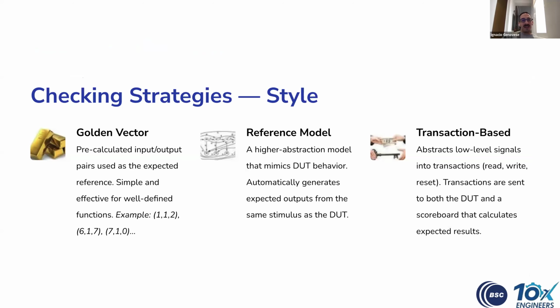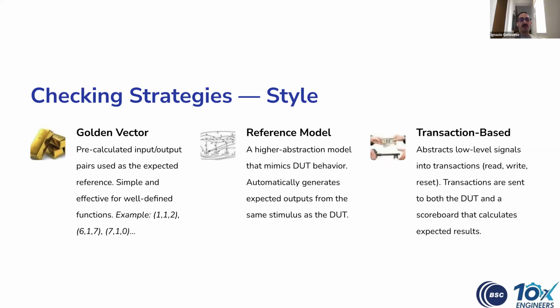Moving forward, we also have different styles for checking strategies. We might have golden vectors, which are pre-calculated input-output pairs. This is simple and effective for well-defined functions, but these are limited to pre-computed scenarios. We cannot test every possible scenario with golden vectors.